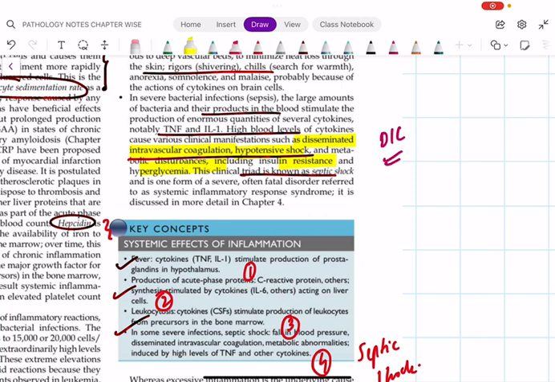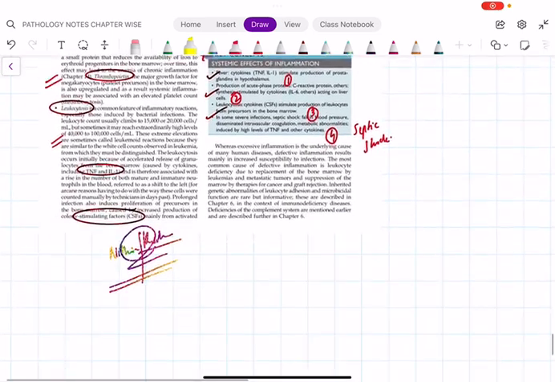Shock may be due to many reasons: hypovolemic shock, which I think you would have studied in physiology, anaphylactic shock, and septic shock. Here it is septic shock, most commonly due to a severe bacterial infection. The blood undergoes coagulation and occludes major organs like the brain and heart. It causes hypotension and metabolic electrolyte disturbance, and finally the condition is called septic shock. So these are the various systemic effects of inflammation.